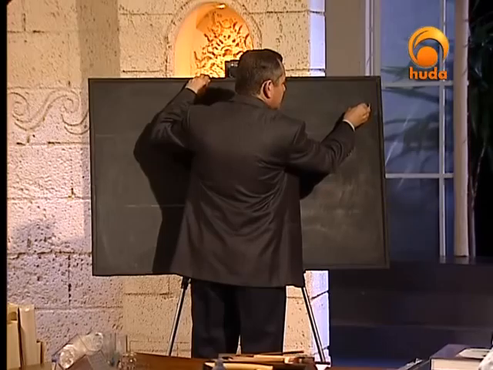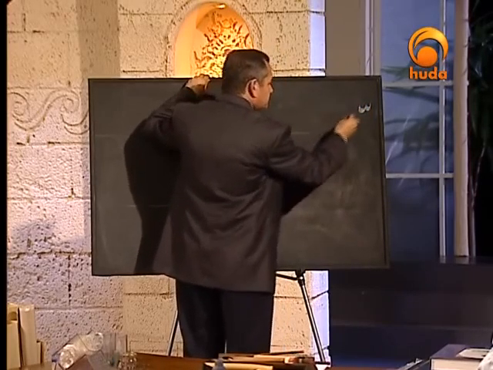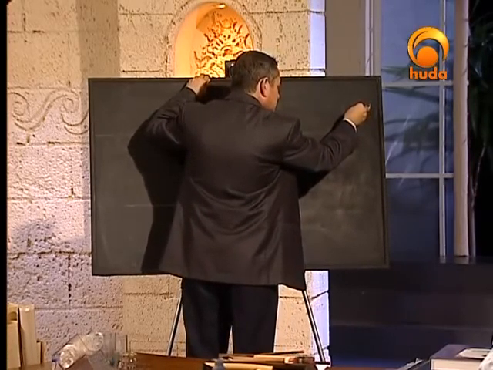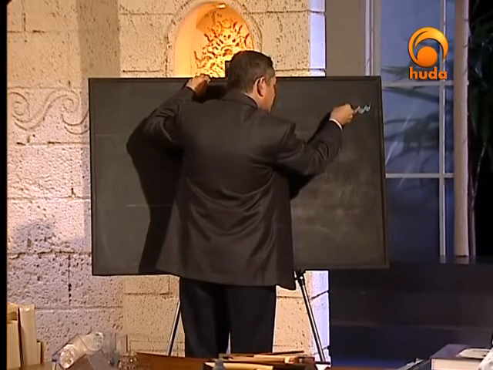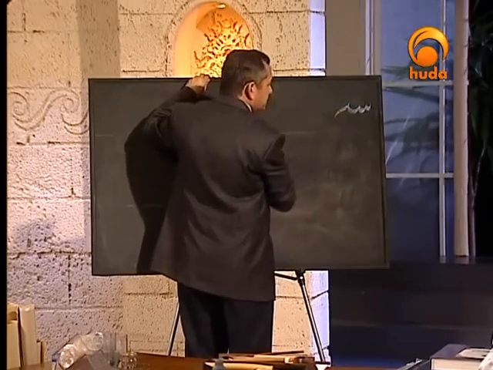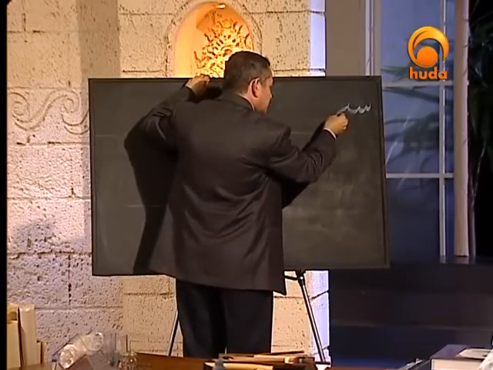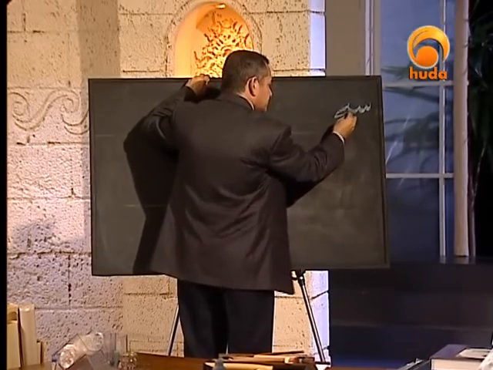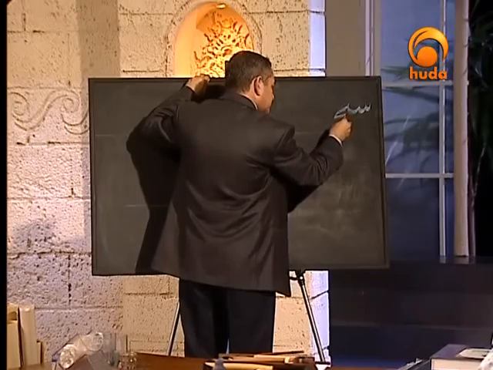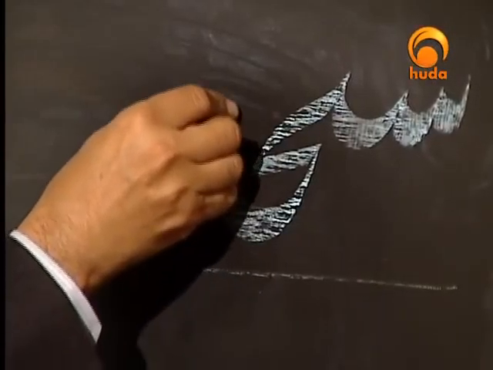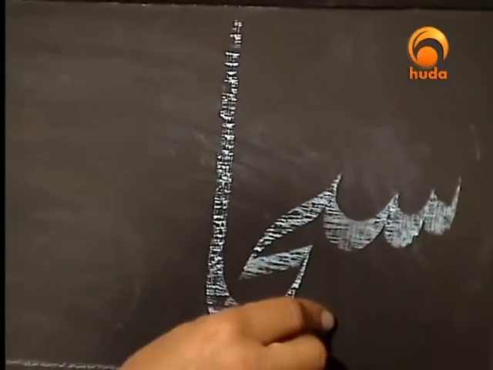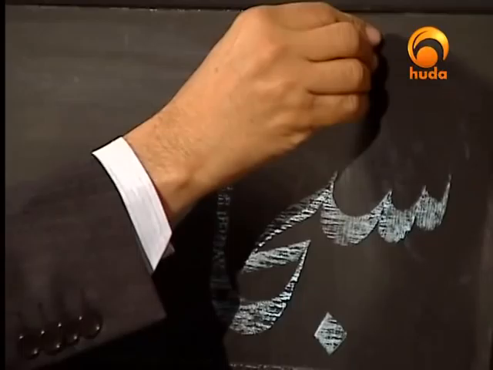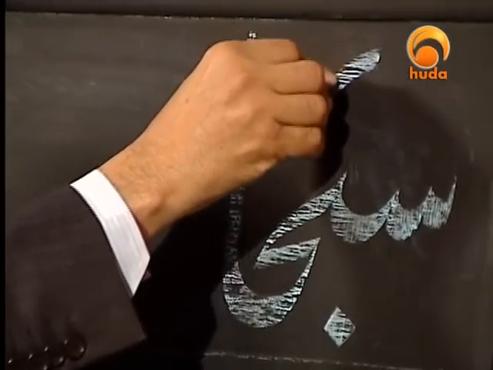You see the movement of sin, and ba, sin, the dot of ba, the noon.